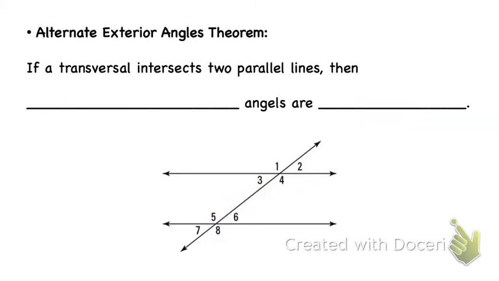The last one we're going to talk about is alternate exterior angle theorem. So if a transversal intersects two parallel lines, so we need to make them parallel again. These arrows can go the other way too, it doesn't matter. Okay, then alternate exterior angles are congruent.